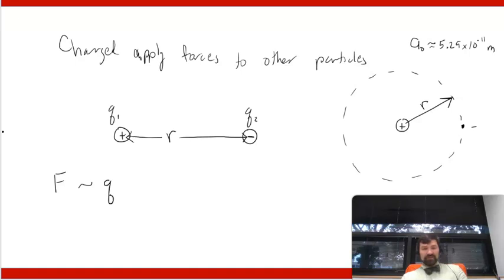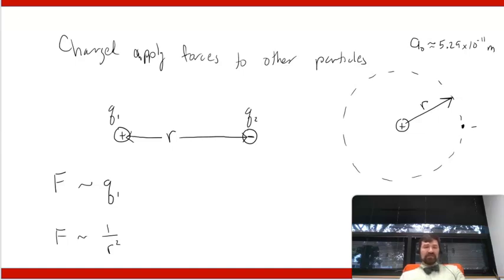So F increases linearly with the amount of charge. That ends up being true of this charge, and it ends up being true of that charge. It also ends up decreasing as the distance between the two charges increases.